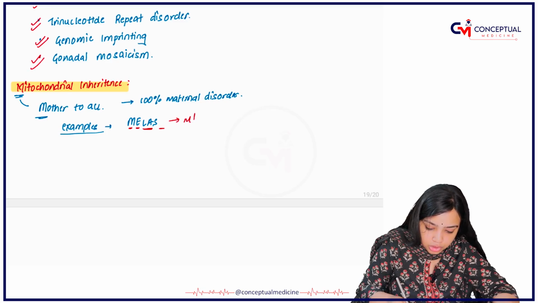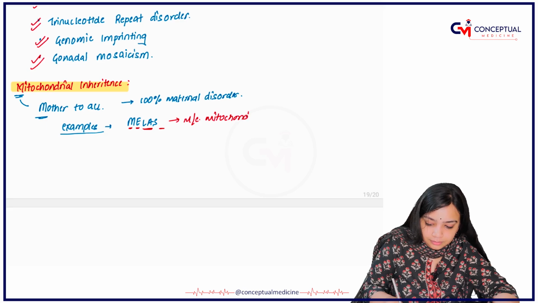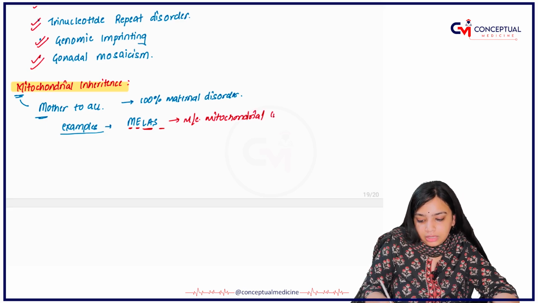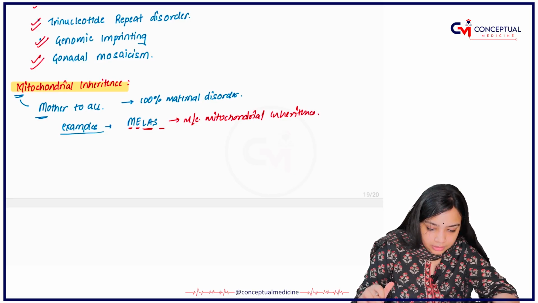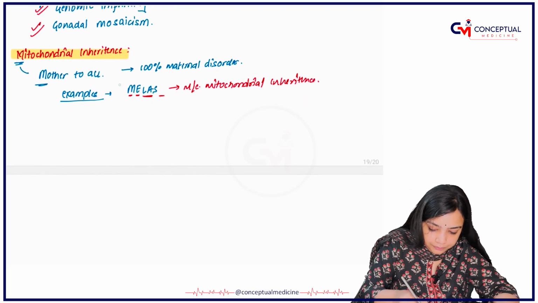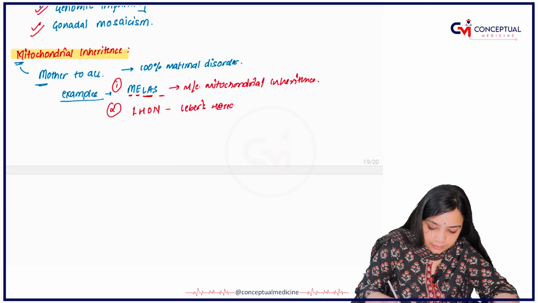It is the most common mitochondrial inheritance disorder. The second example that we have is Leber's hereditary optic neuropathy.